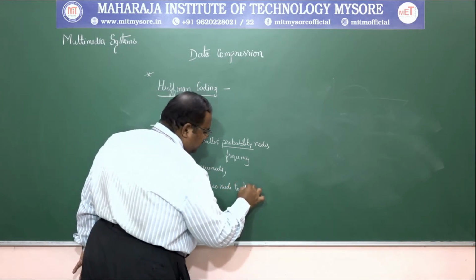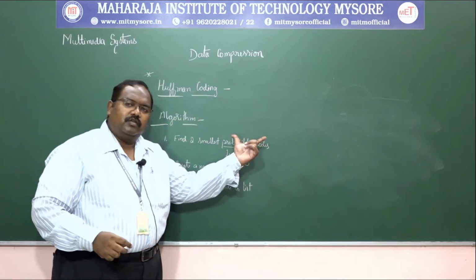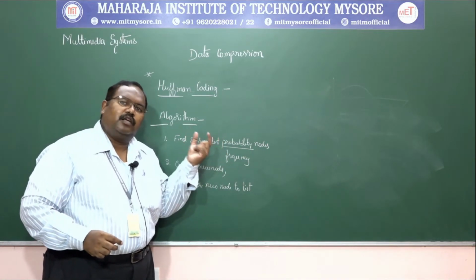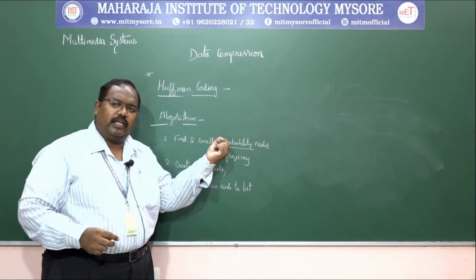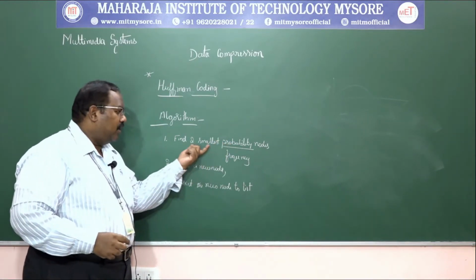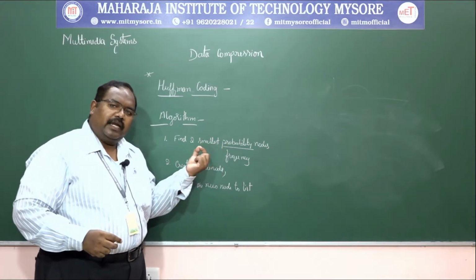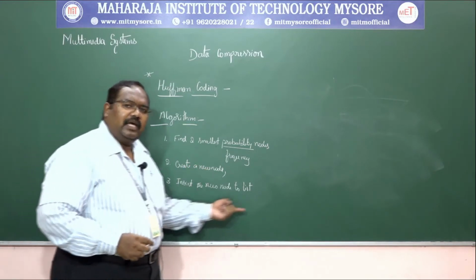to the list. Earlier we had a list of nodes. In that list, we tried to find the two most frequently or probably occurring nodes, the smallest values. That is important: the two smallest probability nodes. We combined them and made one new node, and that new node is added to the list again.